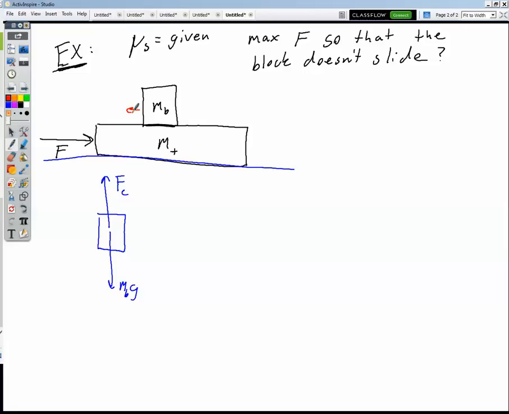Since the block wants to slide backwards, friction is going to oppose that desire, and it's going to apply a force forward. So this is the force of static friction between the block and the textbook, and it is going to the right. That is the only horizontal force acting on the block, nothing else. That friction force is the reason the block accelerates to the right.